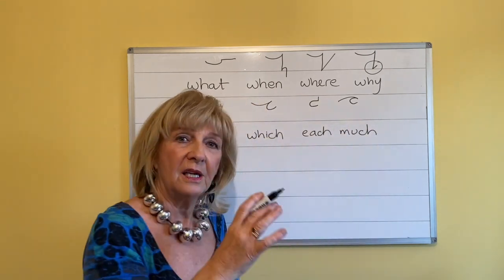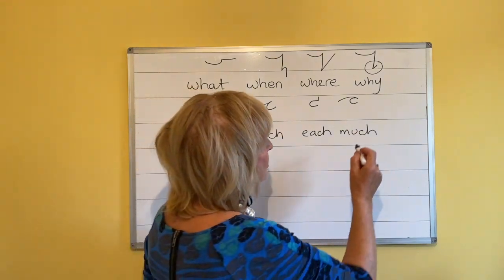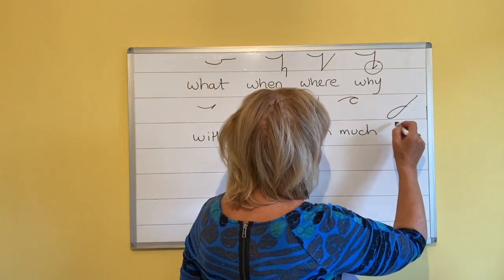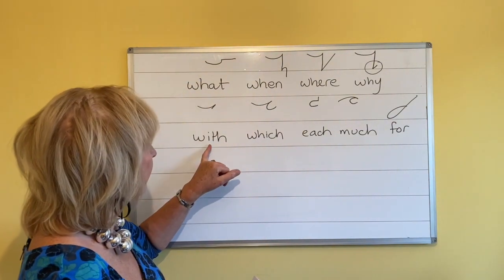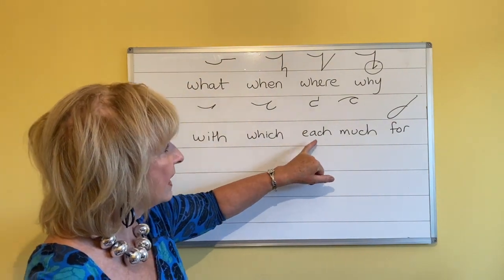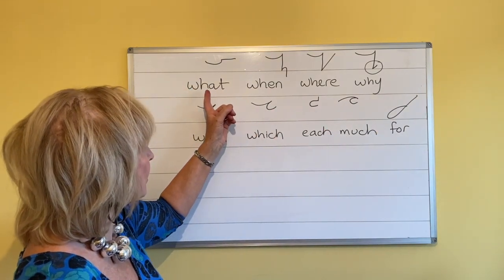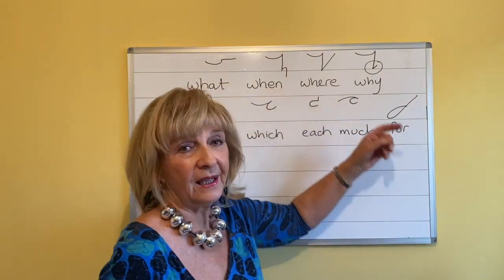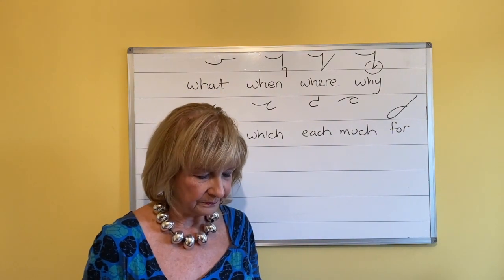No H. We've taken away its legs. And finally, a reminder of that word that we had last time, which is the word for. That's another very common word. So with, which, each, much, and for, to be added to those questions: what, when, where, and why. So common words that we need to practice.